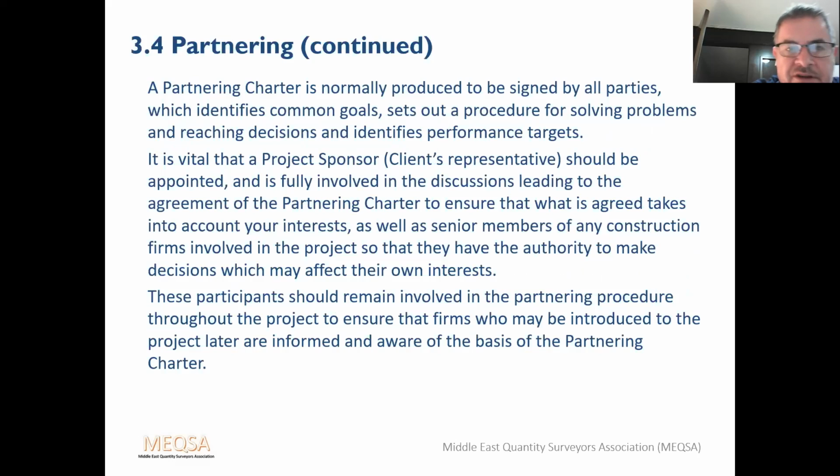A partnering charter is usually produced to be signed by all parties, which identifies common goals, sets out a procedure for solving problems and reaching decisions, and identifies the performance targets.